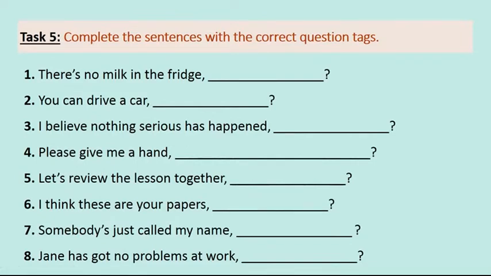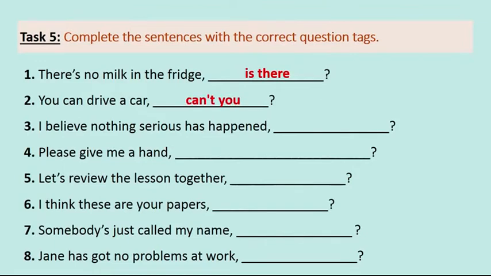Have you got the answers? Let's check. Number 1. If the statement includes there as a dummy subject, the subject of the question tag is also there. Number 2. You can try a car and the question tag is can't you. Number 3.